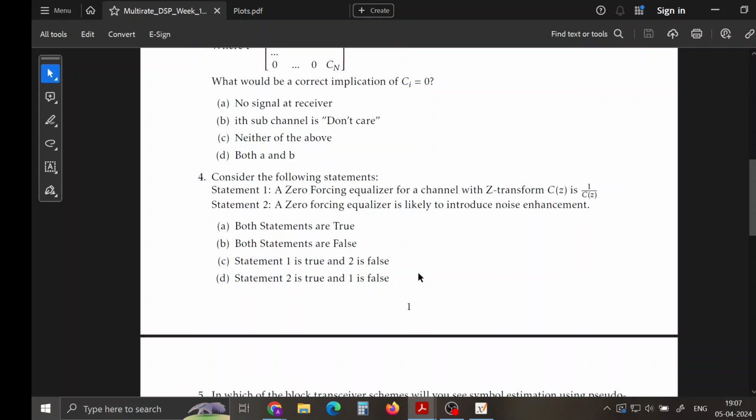So it is leading to noise enhancement. So statement 2 is also correct, and it is a consequence of the way the zero forcing equalizer works, so statement 2 is a consequence of statement 1 as well. Checking the options, option A is the right answer, because it claims both statements are true.